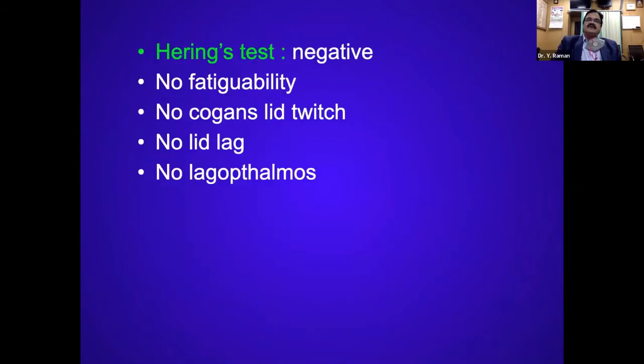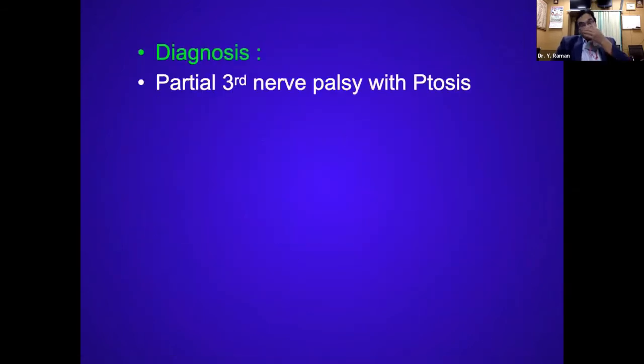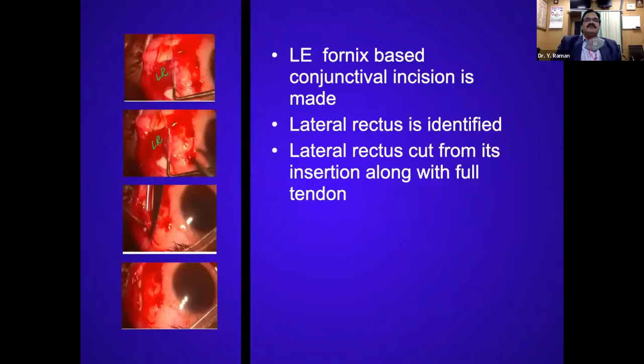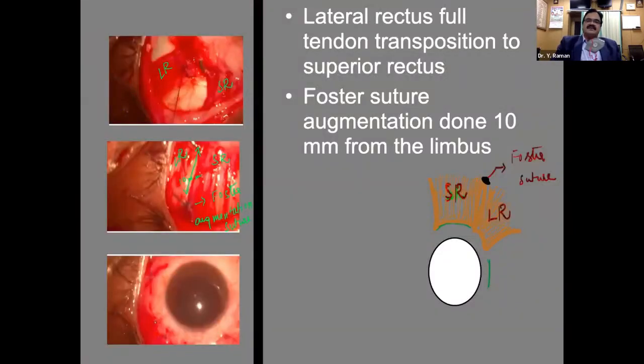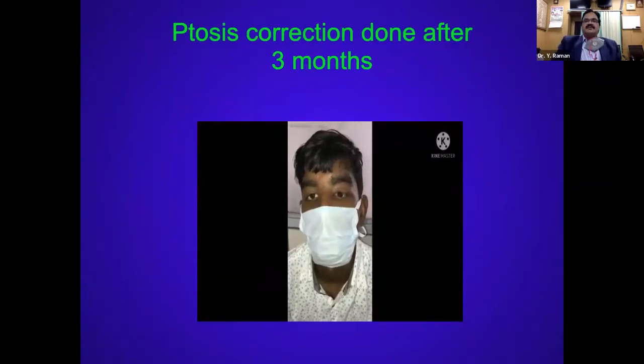For this patient, we did a partial NAPS procedure where the lateral rectus muscle is transposed, obeying the spiral of Tillaux, and we applied a fast augmenting suture, a 5-0 suture applied here, and these are the postoperative results. Later on, the oculoplastic surgeon did the ptosis correction. It resulted in an excellent outcome.